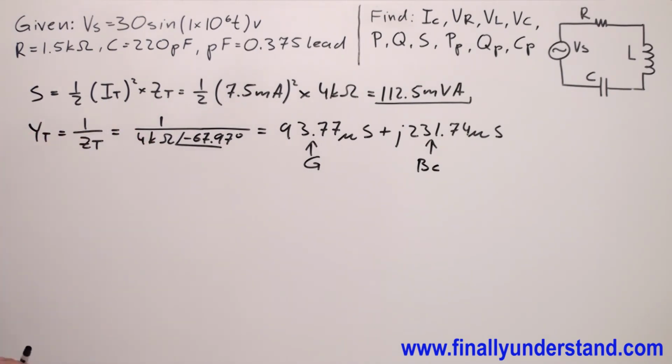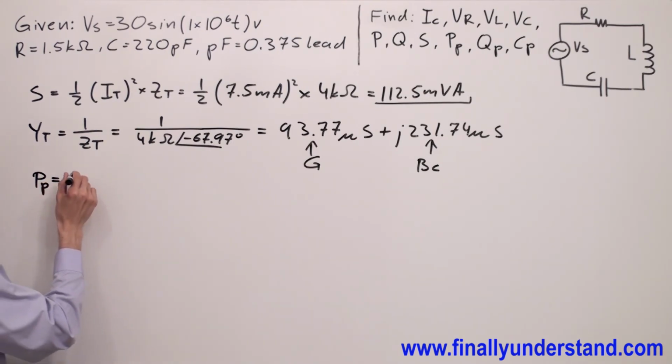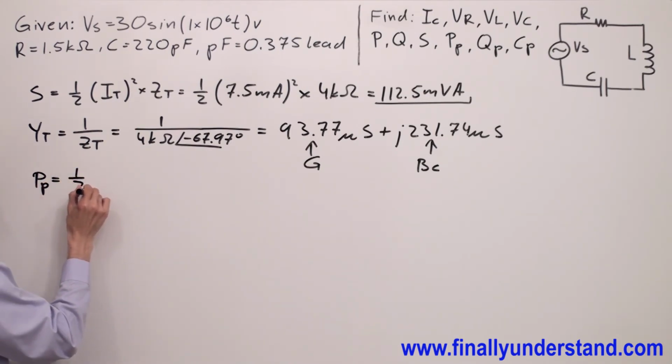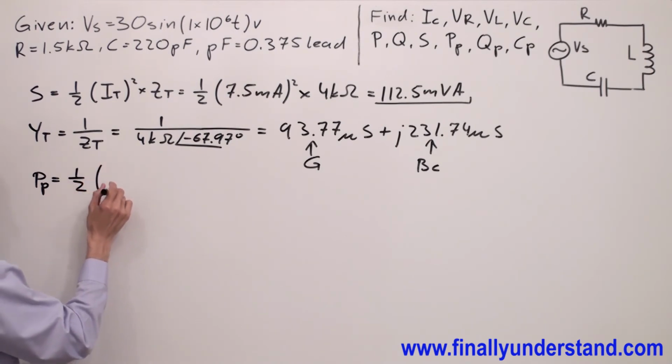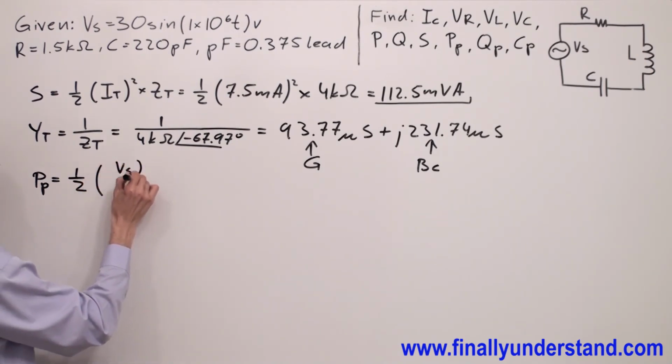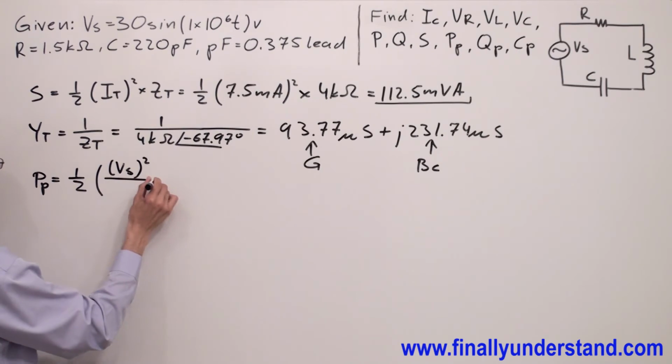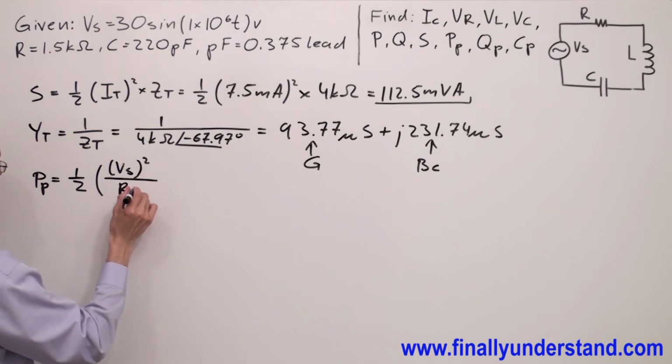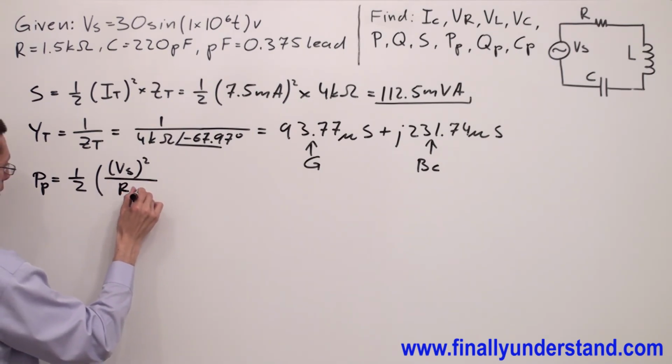So now I'm ready to find the powers. The true power, P true, in my parallel circuit is equal to 1/2, and I have voltage source raised to the second power over the resistance in the parallel circuit.